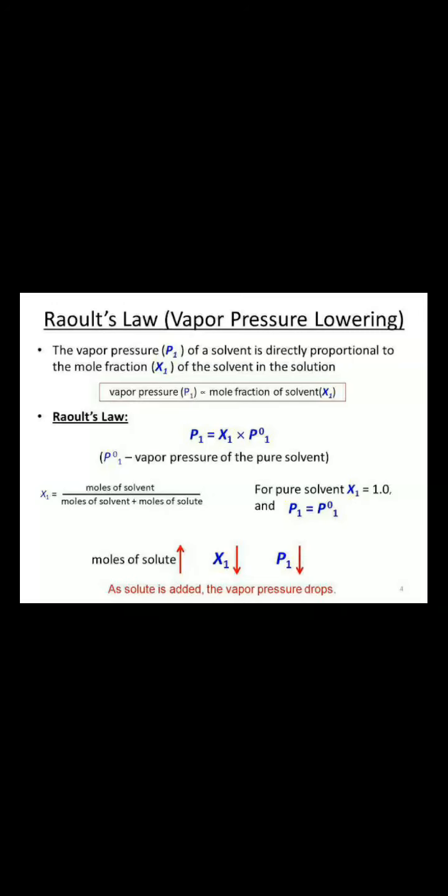Now, when moles of non-volatile solute are added, the mole fraction of solvent decreases, and the vapor pressure of solvent from solution decreases. So as the solute is added, the vapor pressure drops. That is lowering of vapor pressure.